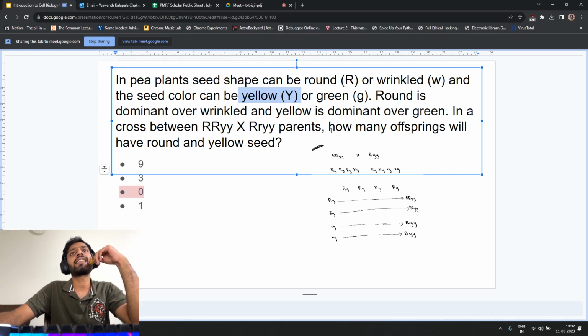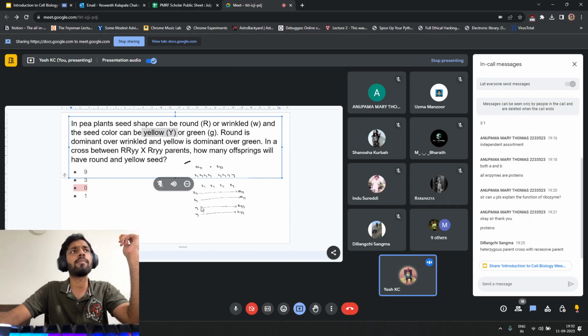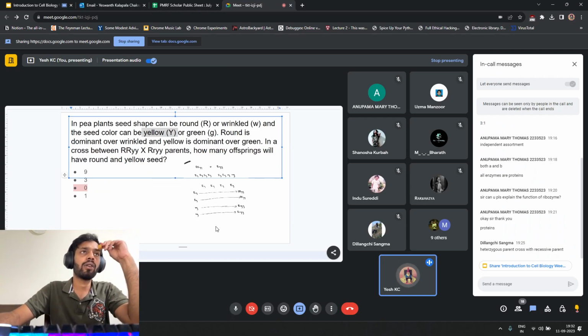Now the question is asking how many offsprings will have round and yellow seeds. None of the offsprings will have round and yellow seeds because the parents do not have yellow seeds. Is that clear?